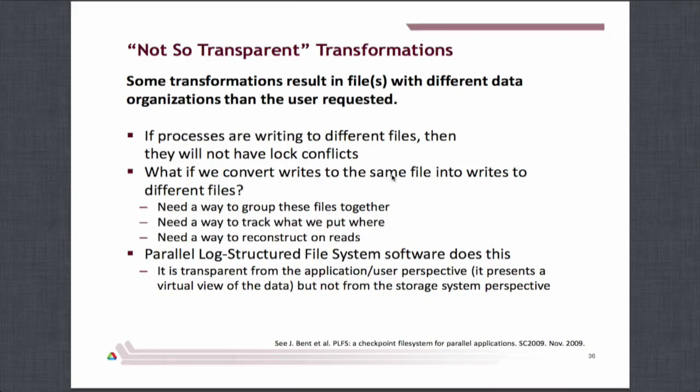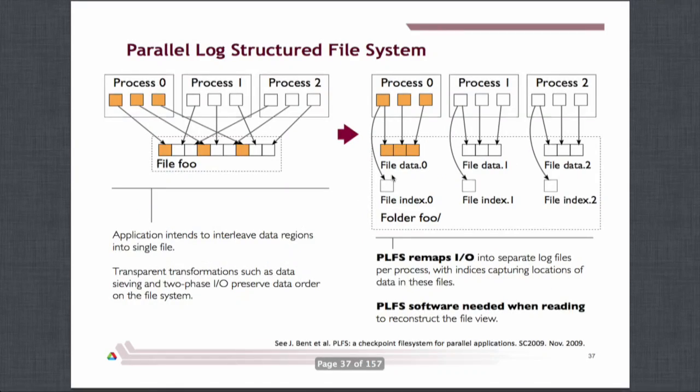It looks the same to the storage system, it looks the same to your application, but there's also some not quite as transparent things that still look the same from the application, but are going to make the data look wildly different to the storage system. And so one example is PLFS, the Parallel Log Structured File System. So the observation that they made in PLFS is that if we simply don't do concurrent access to any files, then there's no lock contention.